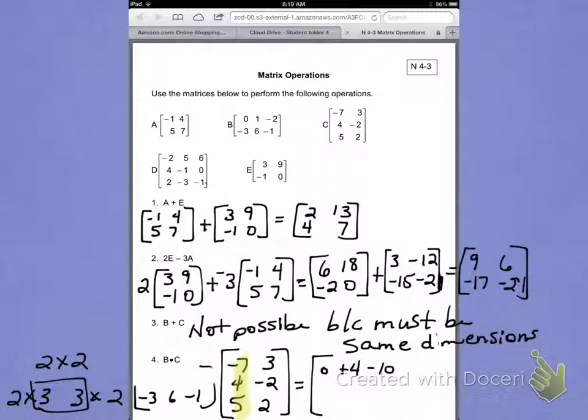Okay, whoops, I didn't mean to erase all of that. Okay, we still have 0, 1, negative 2 here. We have our second row here times our first column. Negative 3 times negative 7 is 21, plus 6 times 4 is 24, and negative 1 times 5 is minus 5.